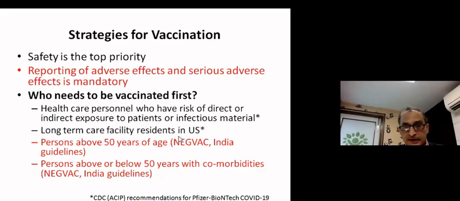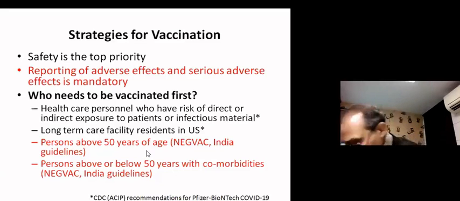All long-term care residents who are in nursing homes, especially in the US, need to be vaccinated. So the elderly population is vulnerable. But the Indian guidelines are a little different. These are the Indian guidelines. The NAGVAC is the authority which gives recommendations for these vaccinations in India, especially the COVID vaccine. They have said that healthcare individuals plus persons who are above 50 years.